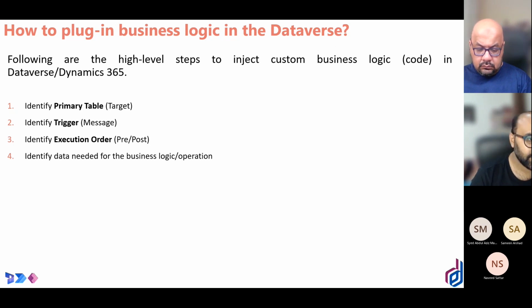Secondly, there are things that you definitely cannot always do in a low-code or no-code environment. Sometimes you really need to write your custom logic in a language like C#.NET. Second, there are messages, or we call them triggers, which are not available in Power Automate or workflows. In that case also you have to come to the plugin.